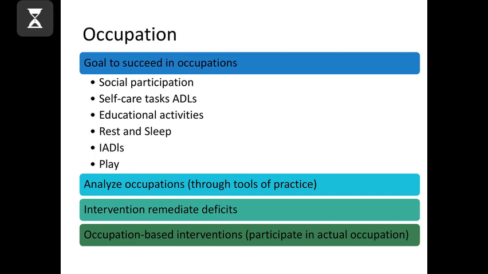We talked about a variety of frames of reference. We might use a different frame of reference, such as a compensatory strategy or an adaptive technique from the rehabilitative frame of reference. Or we might use a sensory integration approach. Regardless, we're going to remediate the deficit, and all our activities, all our interventions are occupation based.